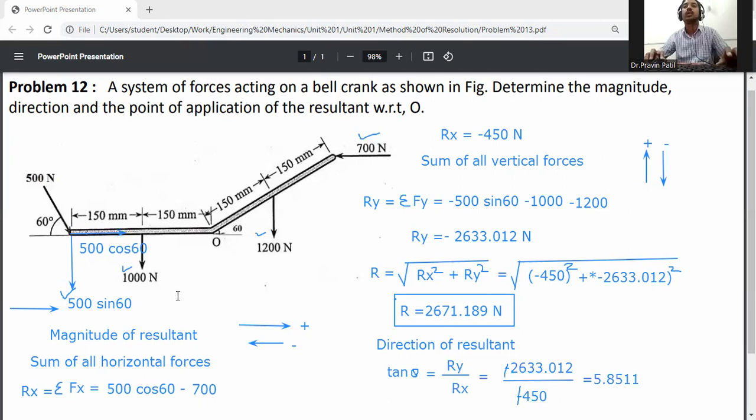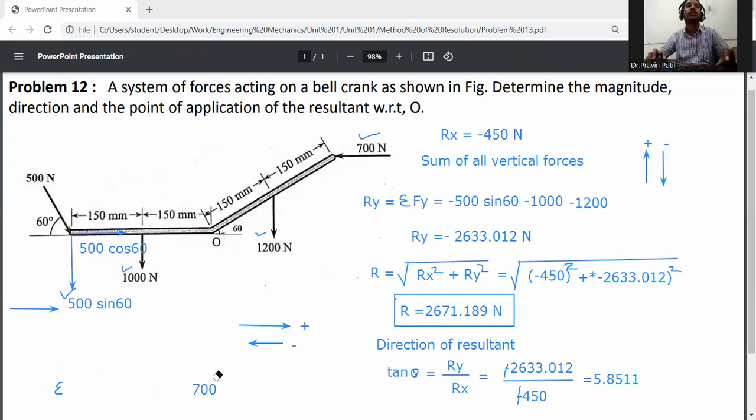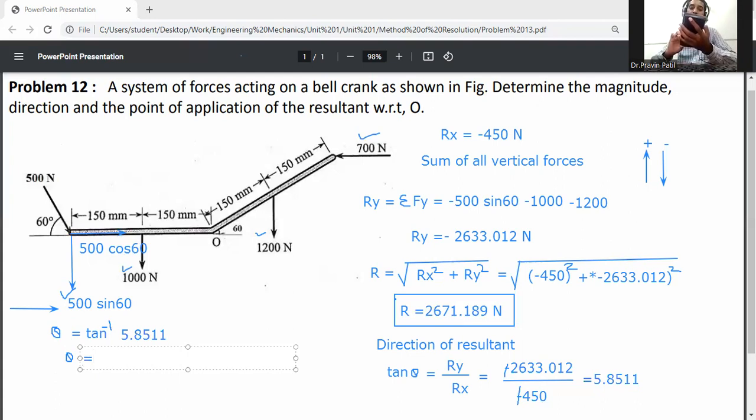Okay, then theta is equal to tan inverse 5.8511.